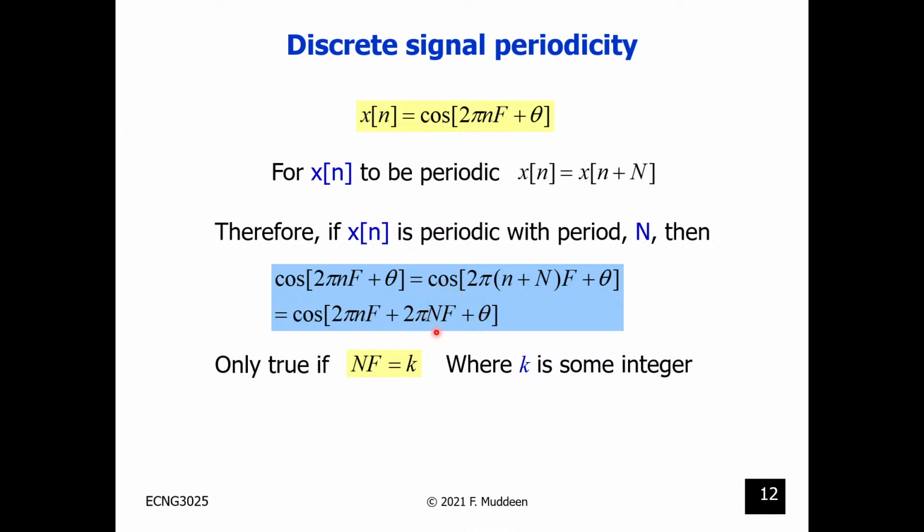The only time a discretized time signal in sinusoid form is going to be periodic is if the combination of capital N and capital F is equal to some integer, which we represent here as k. If the multiplication of these two factors results in a decimal, the periodicity property is broken, so the signal in discretized time is not going to be periodic at all.